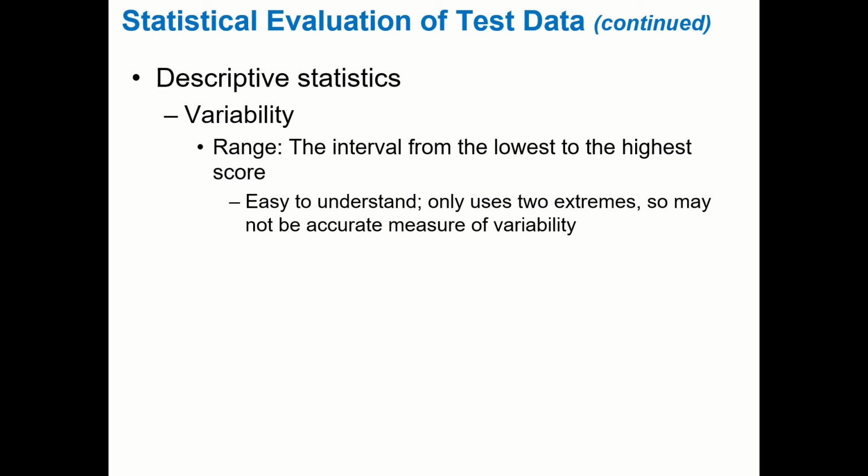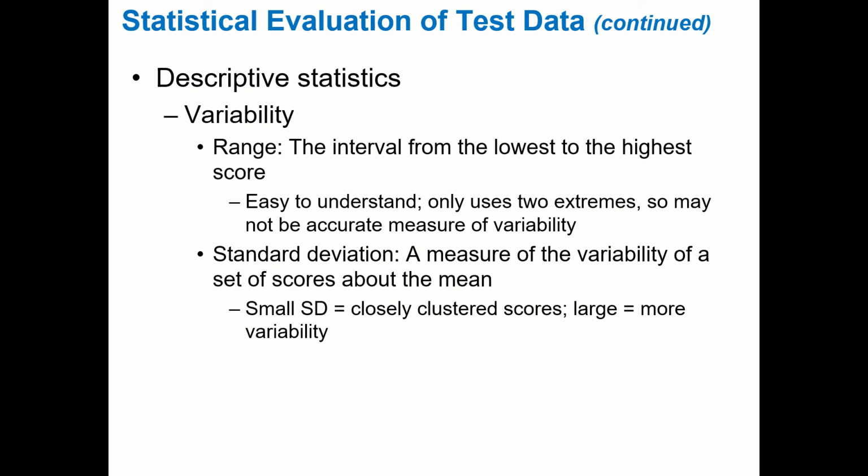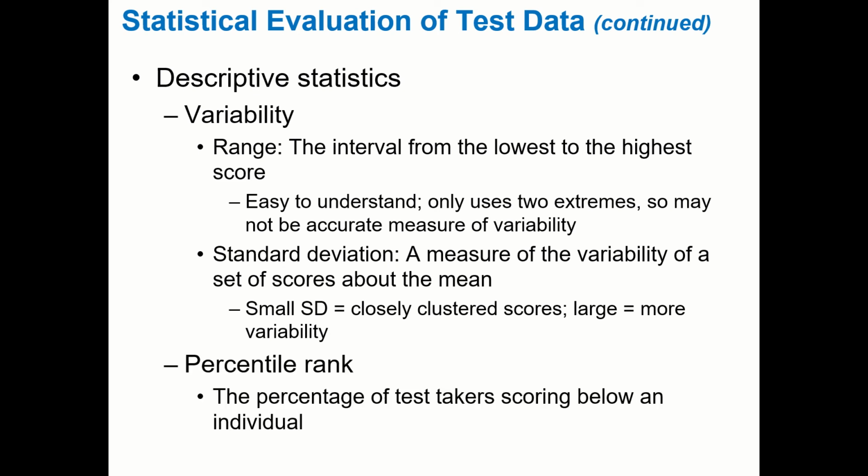But compared between the high and the low numbers. But because the range only uses the extremes, that may not be an accurate measure of variability. So a more common one is standard deviation, which is, as you can see, a measure of variability about the mean. So it is how closely are the scores distributed to the average. So a small standard deviation means that the scores are really closely clustered to the average, and then a large standard deviation means that there is more variability.